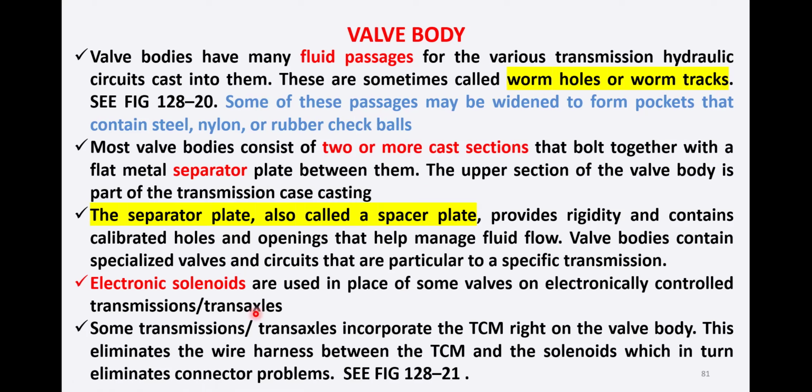So to simplify the structure and operation, in some transmissions and transaxles the TCM is placed right on the valve body with the solenoids, and we can get rid of connector problems.